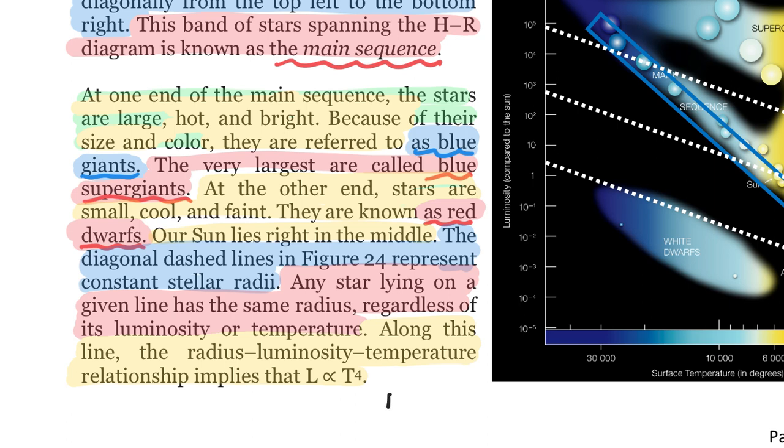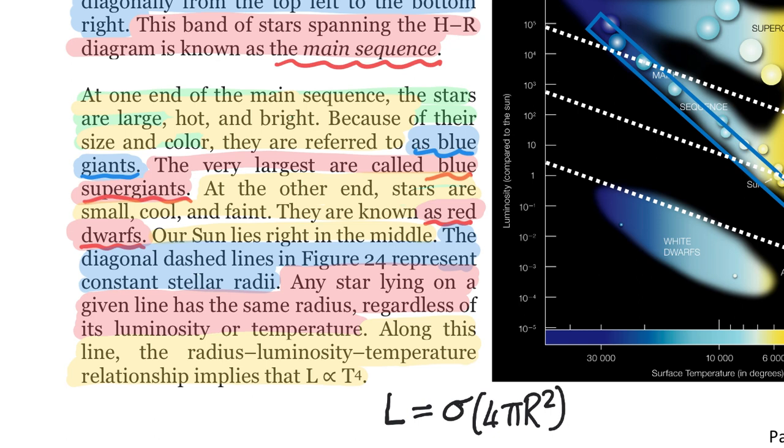So let's just expand on this. We know that the luminosity is equal to the Stefan-Boltzmann constant times the surface area of a star, assuming that the stars are basically spherical, which is 4 pi r squared for a sphere.